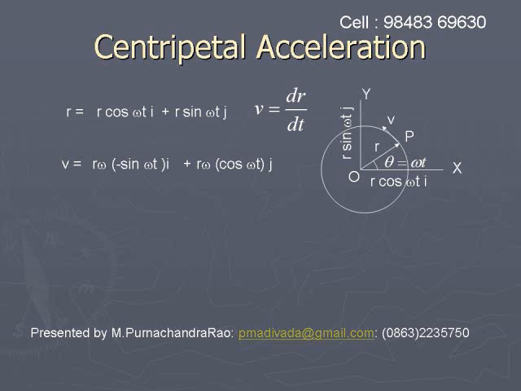So v becomes r omega into minus sin omega t i plus r omega into cos omega t j, because the derivative of cos omega t is minus sin omega t into omega, and the derivative of sin omega t is cos omega t into omega.